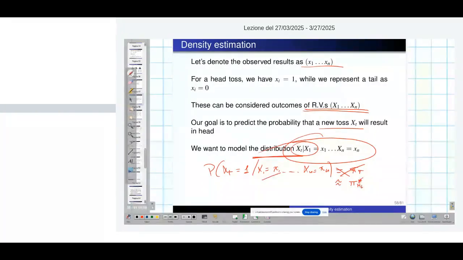And in the approximation, once we know pi t, this will not depend on the previous samples anymore. This will condense all the knowledge that we can extract from the training set. So from the training set, we will extract the parameters, and then we will assume that those are the correct parameters so that we can predict the next toss using this directly, ignoring what happened in the past.